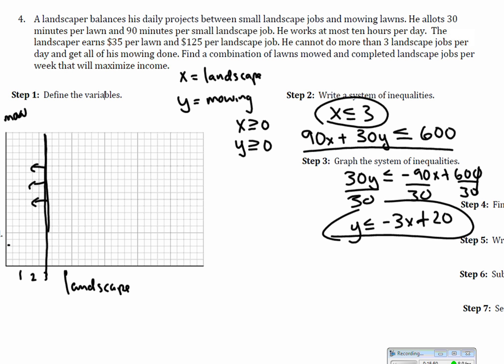So this is going to be 3. And 20 with a slope of negative 3. So down 3 over 1, down 3 over 1, down 3 over 1. Right there.